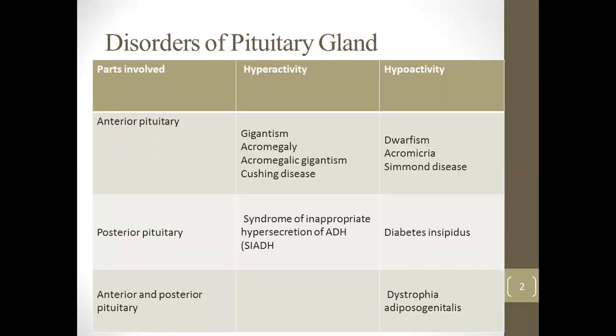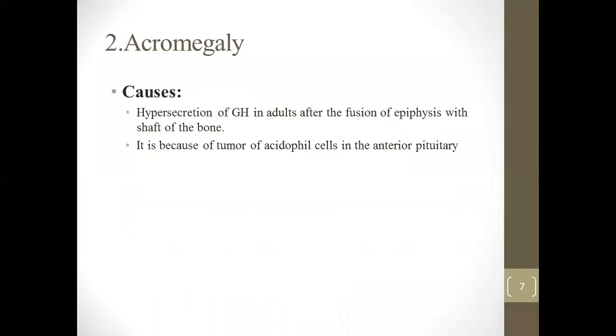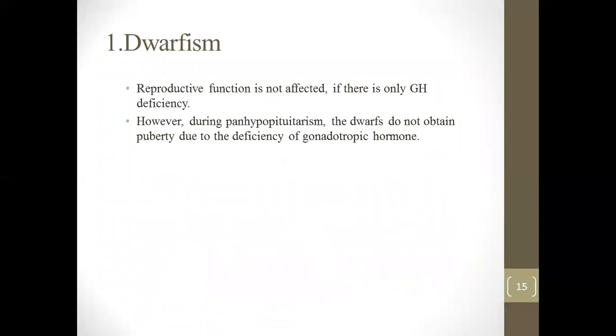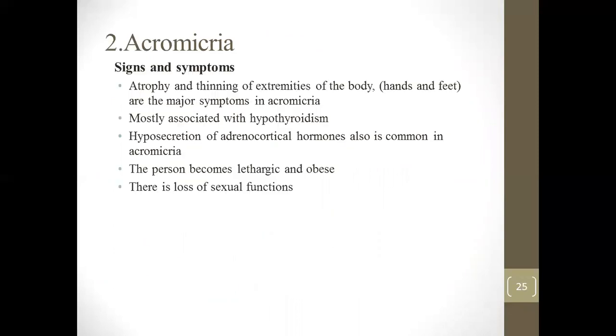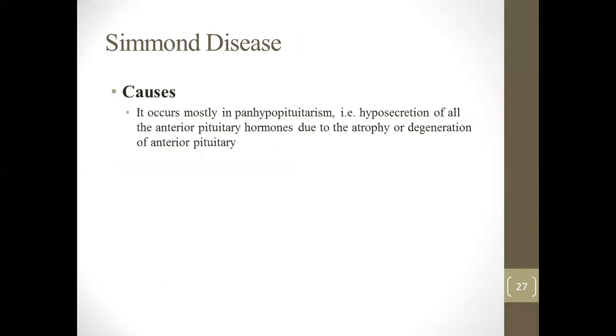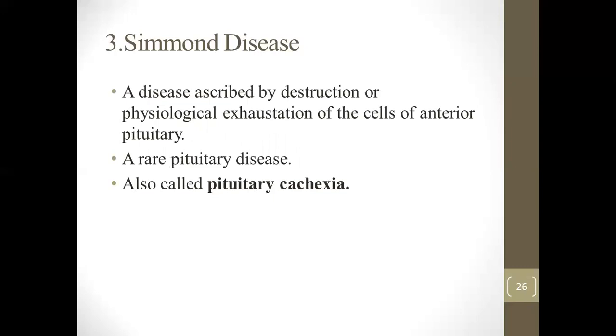The anterior pituitary hypersecretion will cause gigantism and acromegaly, and the hypoactivity will cause dwarfism, acromicria, and Simmond's disease, and the posterior pituitary will cause ADH hypersecretion and diabetes insipidus. Simmond's disease will basically be due to the exhaustion of the cells of the anterior pituitary.